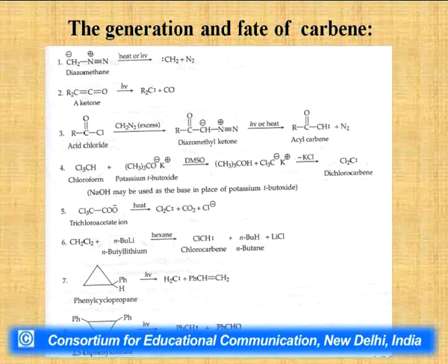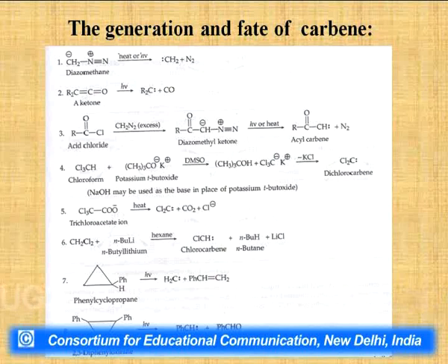Other preparations of carbenes you can see in the slide. For example, diazomethane on photolysis with heat or light forms carbene. With ketones, an acid chloride is first converted to diazomethyl ketone, which on photolysis gives acyl carbene.